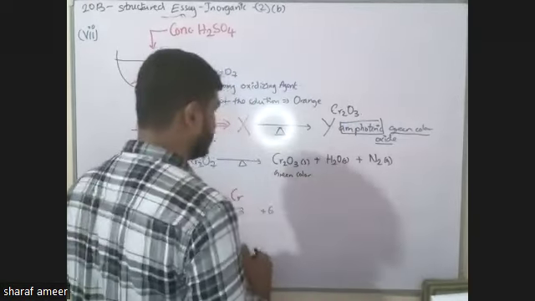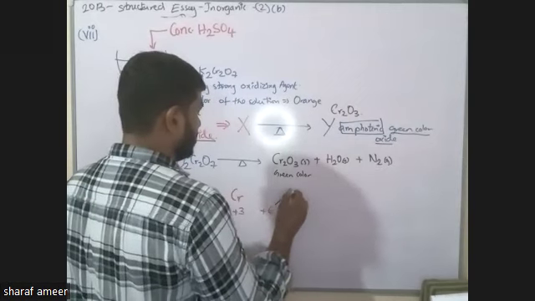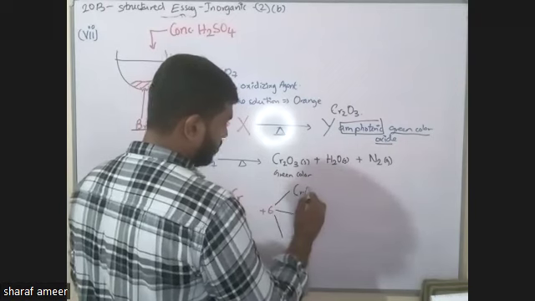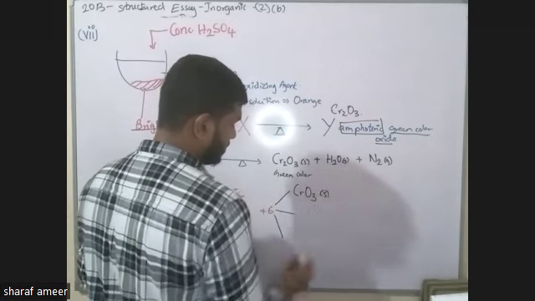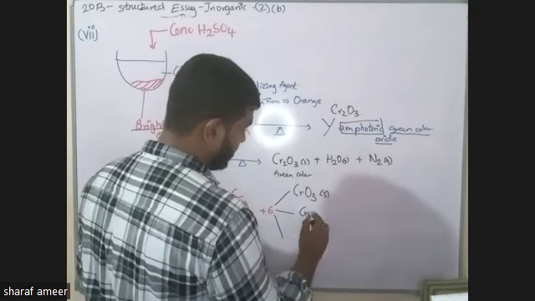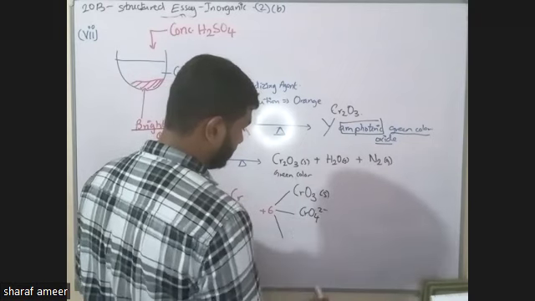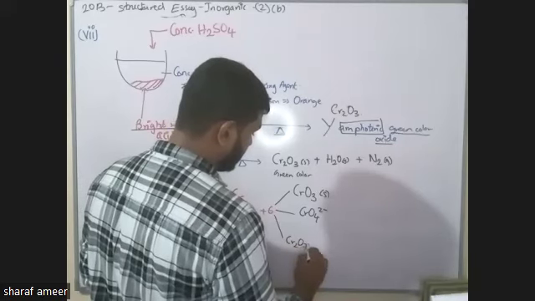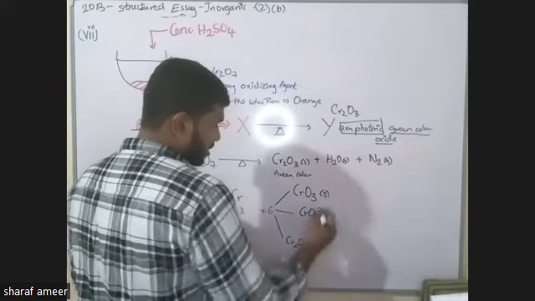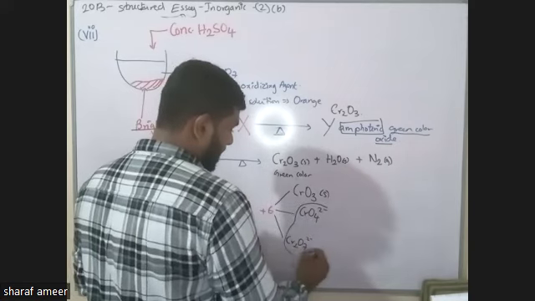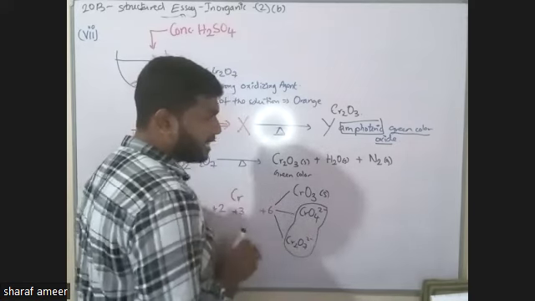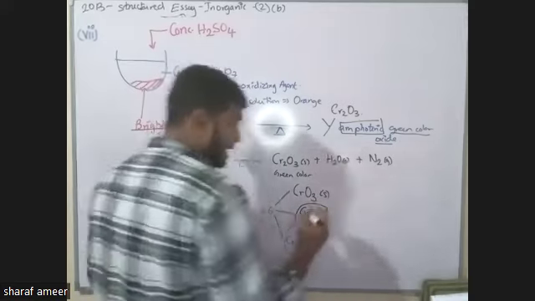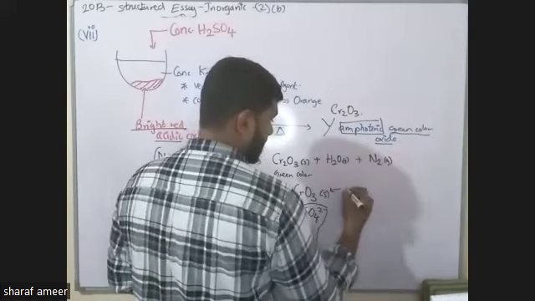One is CrO3, then CrO4 2 minus, and Cr2O7 2 minus. These two are aqueous, in liquid form, while CrO3 is an oxide.